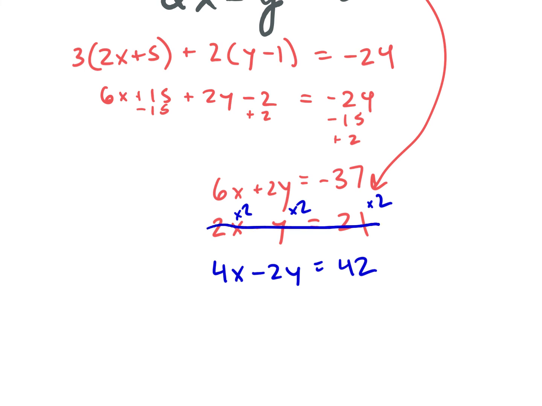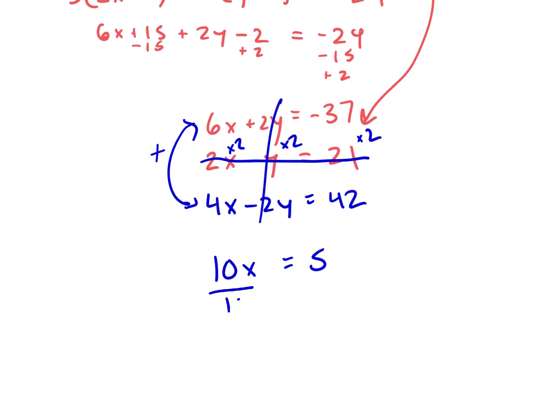Now I'm combining these two. So 6x plus 4x is 10x. The y's cancel. Negative 37 plus 42 would be 5. Divide both sides by 10. So x is equal to 1/2.